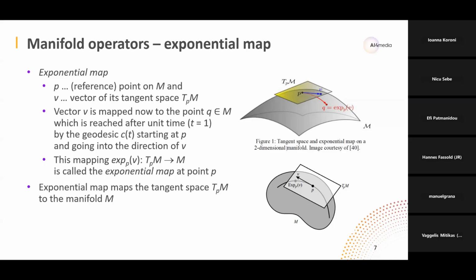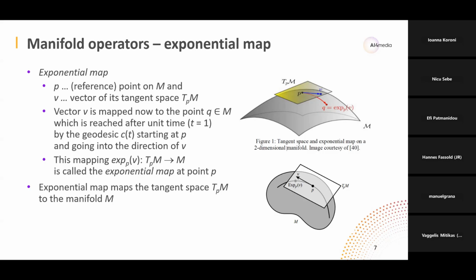and actually, when I first got into this topic, I needed some time to get the understanding of the exponential map. And I will try to bring it as easy as possible.